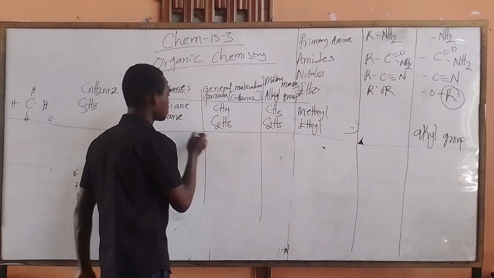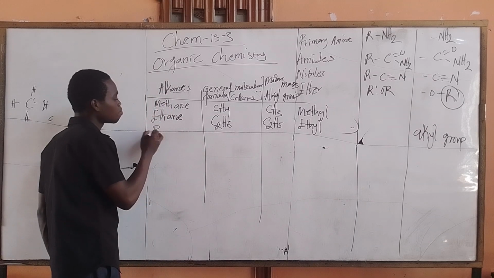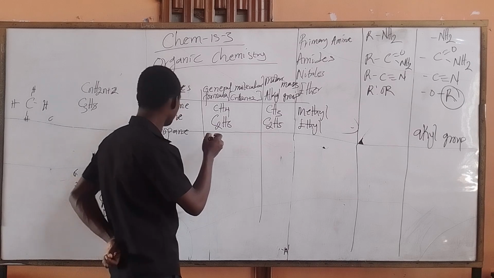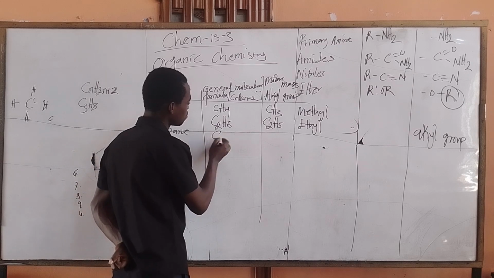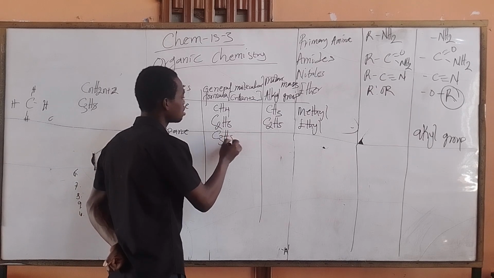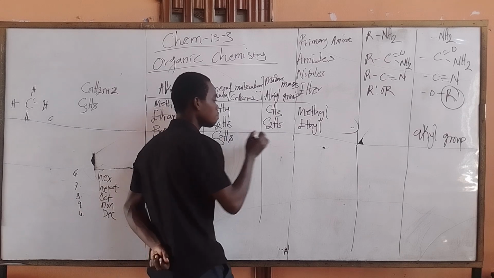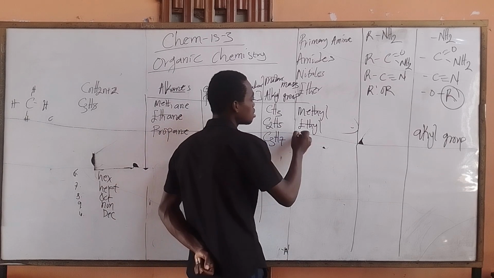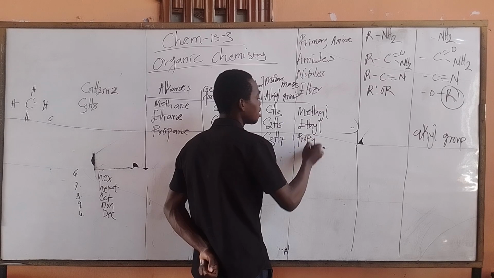So I'm going to have propane, which is C3H8. So if I remove one hydrogen, I'm going to have C3H7. This is known as propyl.